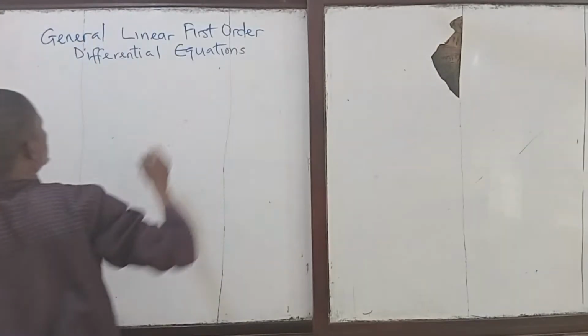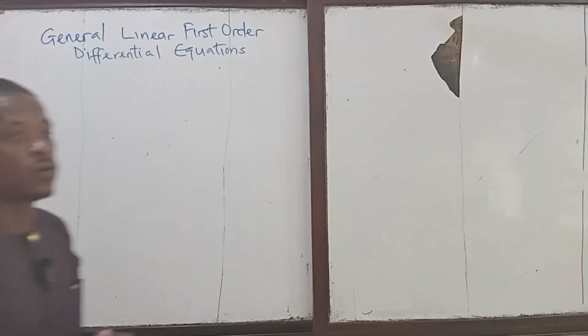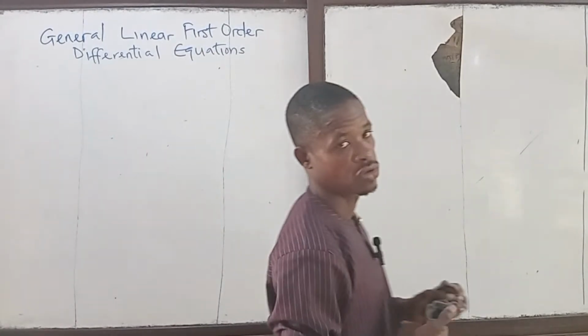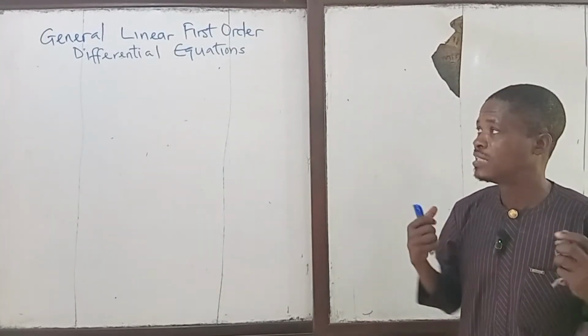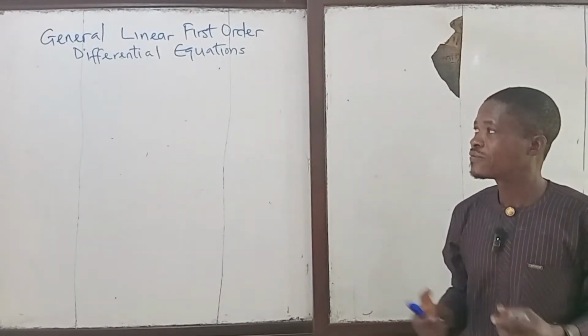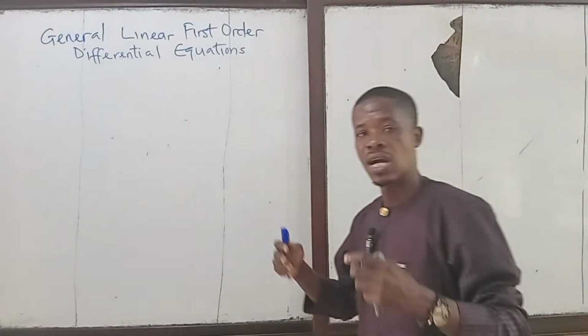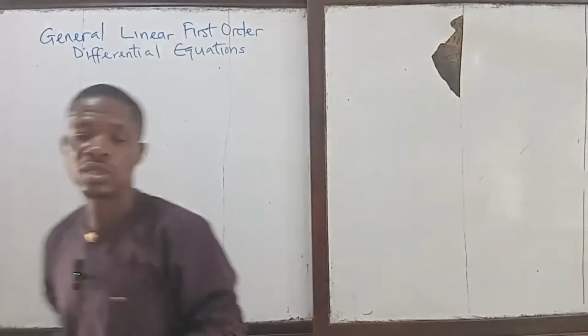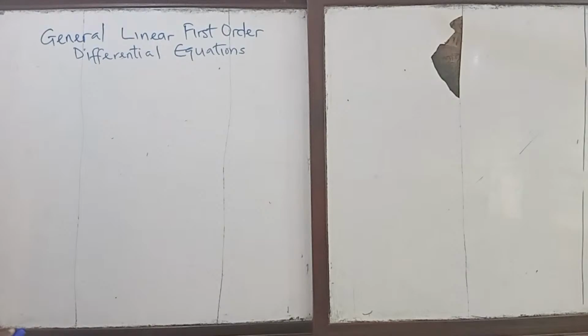So we want to see the general format for a linear differential equation. What is the form of a linear first order differential equation? We've done the separable first order differential equation, so now we want to see the linear first order differential equation.